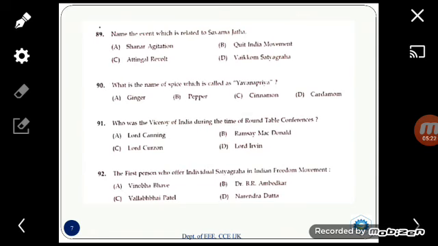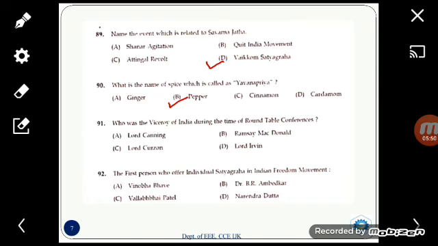Next one is: name the event which is related to Savarna Jatha. Here option D is correct, Vaikom Satyagraha is related to Savarna Jatha. Next one is: what is the name of the spice which is called Yavanapriya? Here Yavanapriya is pepper. Option B, pepper, is the correct answer.